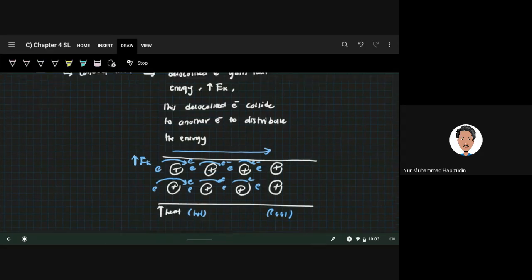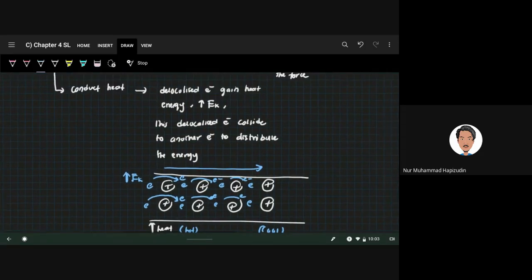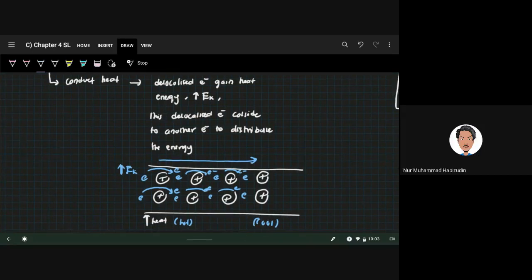Itu je. Dia kelas elektron ni kan. Dia elektron yang being shared between metallic ions, yang valence electron tadi kan, yang kita nampak ada jump from one atom to another atom tu kan. That one is the delocalized electron. The delocalized electron ni maksudnya it is not fixed in the valence electron.